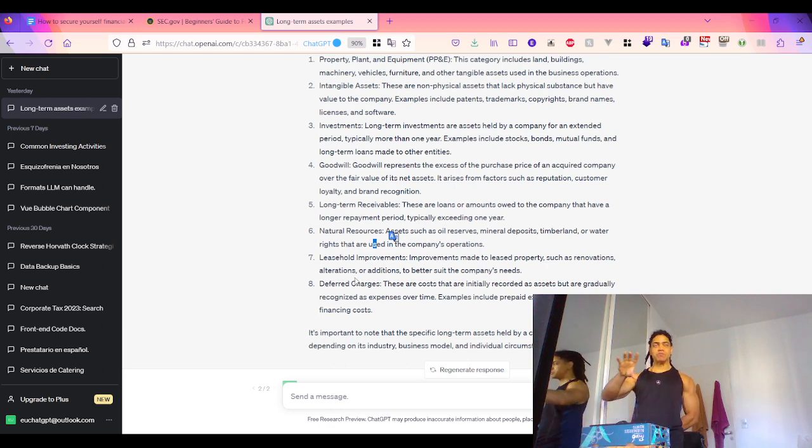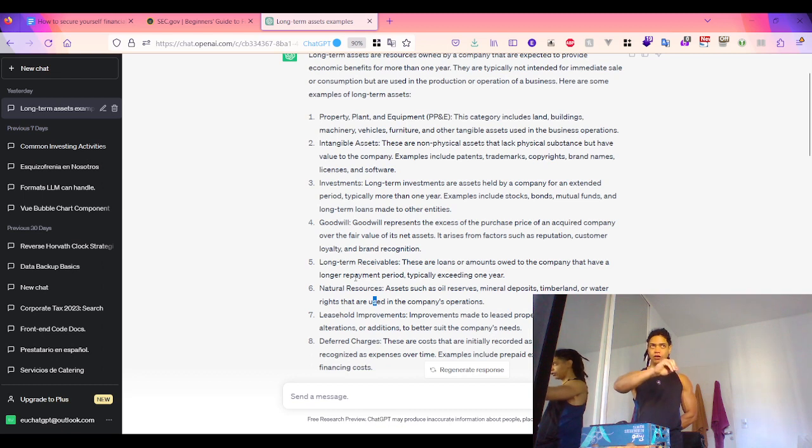Again, by looking at this, broadly speaking, the long-term assets are property, plant, and equipment, intangible assets, patents, copyrights, trademarks, trade secrets, goodwill, customer loyalty, investments such as stocks, bonds, mutual funds, long-term receivables, natural resources, and leasehold improvement.